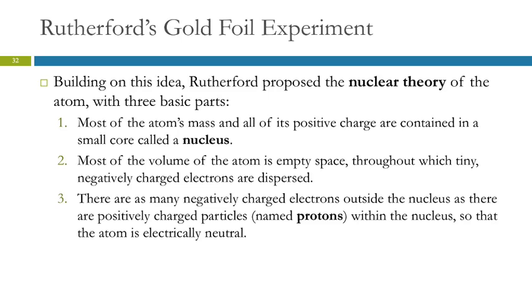Now, he didn't even speculate about what those electrons are doing, and we'll talk more about that later in this semester. And then the other idea, very important: there are as many negatively charged electrons outside the nucleus as there are positively charged particles, called protons, inside the nucleus. So an atom is electrically neutral. It has positive and negative charges, but equal numbers of both.